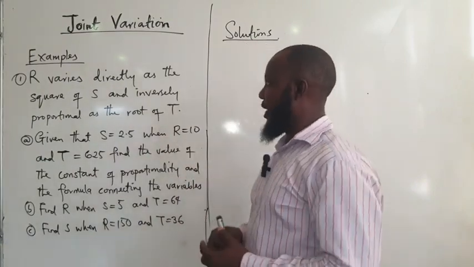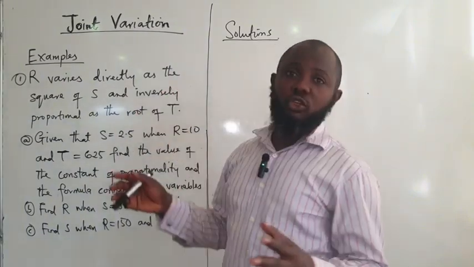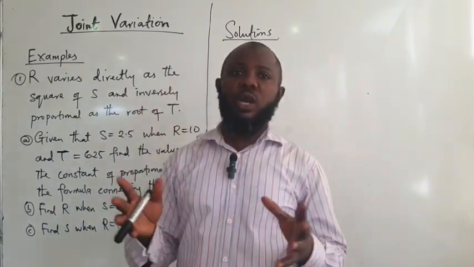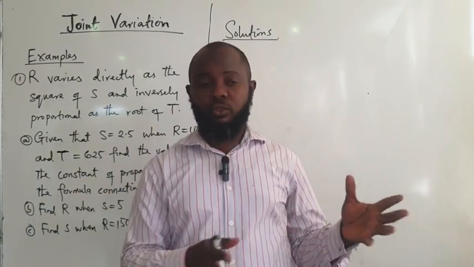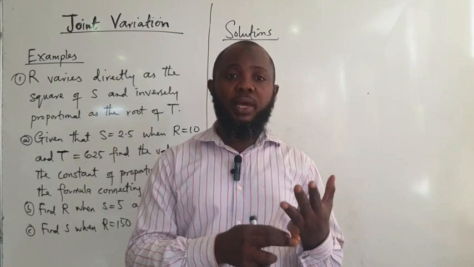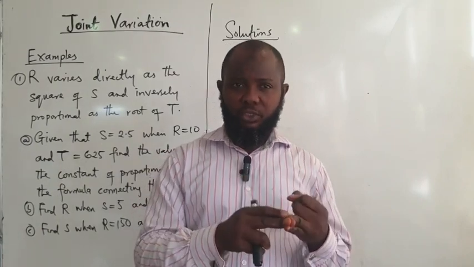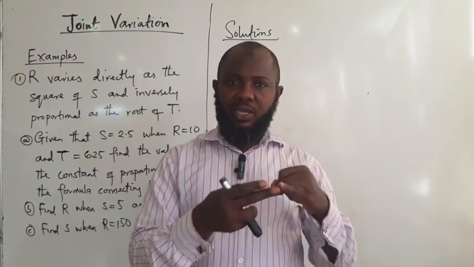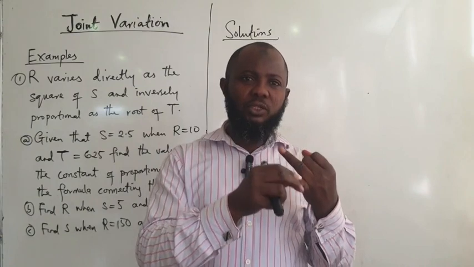Now, before we look at the first example, joint variation is when you are combining two types of variation. It could be combining direct variation and inverse variation, or you are combining direct variation and direct variation.